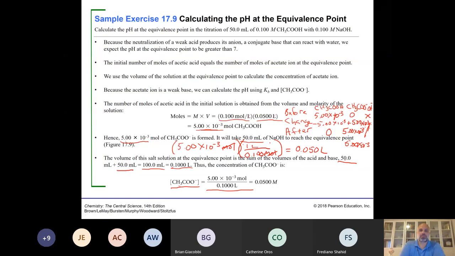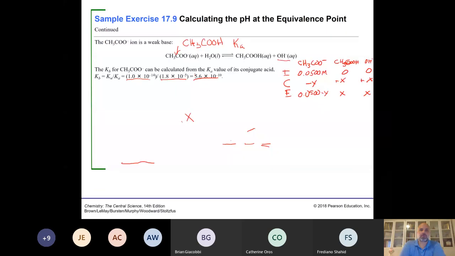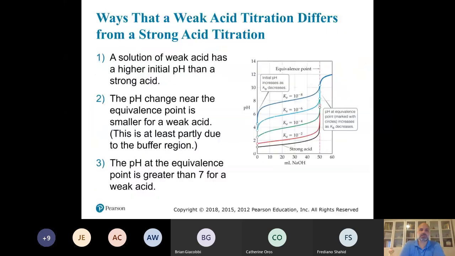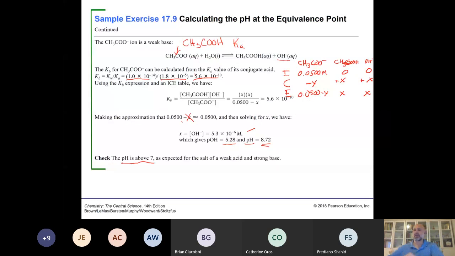So we have first a stoichiometry calculation, right? So this was the stoichiometry calculation first, and that tells us how much acetate ion exists. And then the second one is the equilibrium reaction. Right, we have two different steps that occur here.